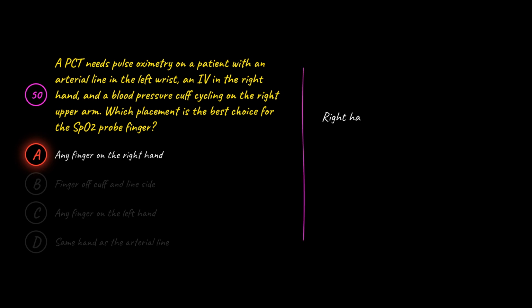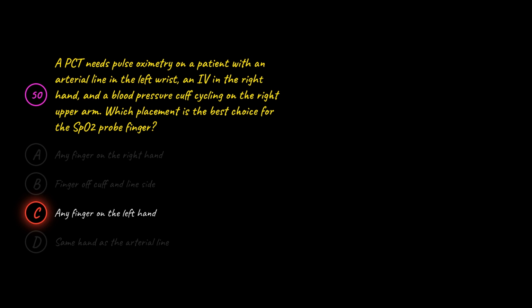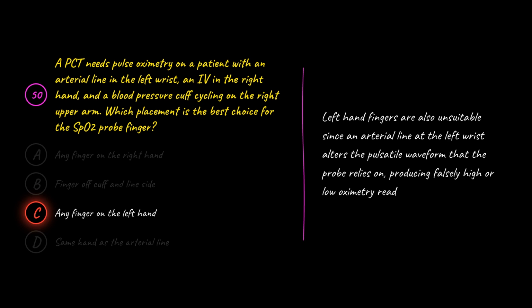A is wrong because right-hand fingers are the wrong choice, because the IV in the right hand can cause swelling, and the cuff cycling on the right arm interrupts blood flow during each inflation period. C is wrong because left-hand fingers are also unsuitable, since an arterial line at the left wrist alters the pulsatile waveform that the probe relies on, producing falsely high or low oximetry readings.